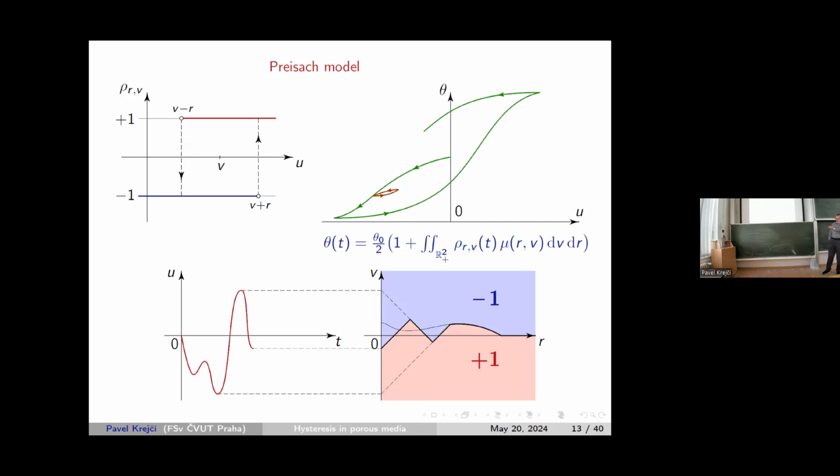You see that, for example, here, there was a minor loop. As soon as the minor loop is closed, it is forgotten. It is removed from the memory. The only information that we have about the memory of the system is this curve.